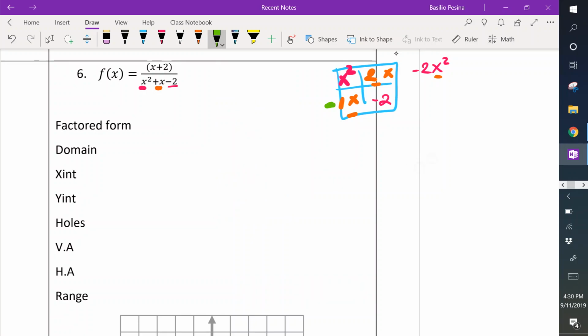So let's continue. I'm going to compare what these two terms have vertically. What do they have in common? This is x squared. This is x. So they have x in common. These two terms right here, this is a 2. This is a negative 2. They have a 2 in common. These two terms horizontally on the top have an x in common.